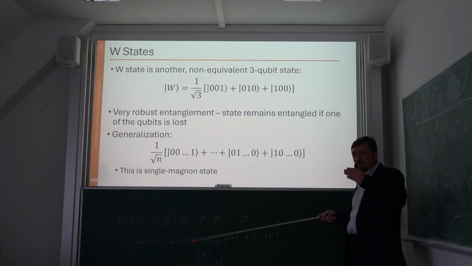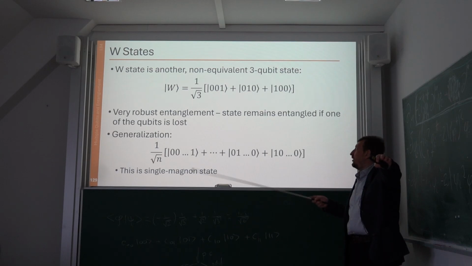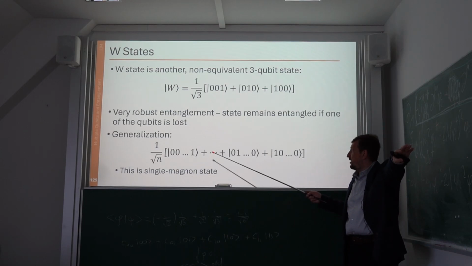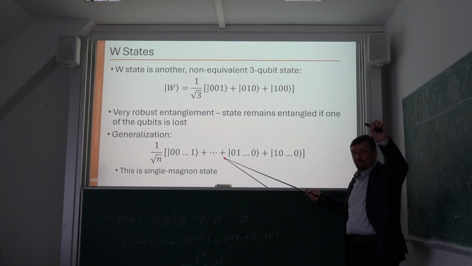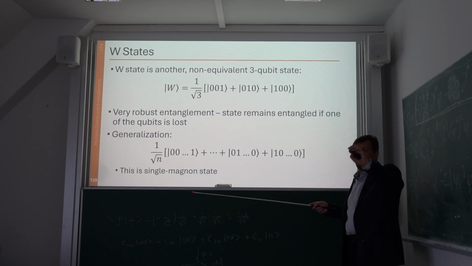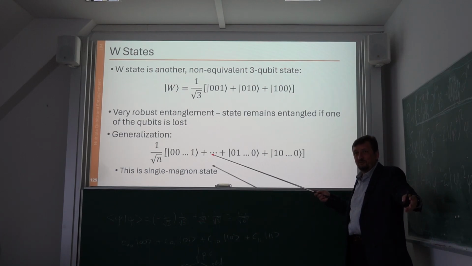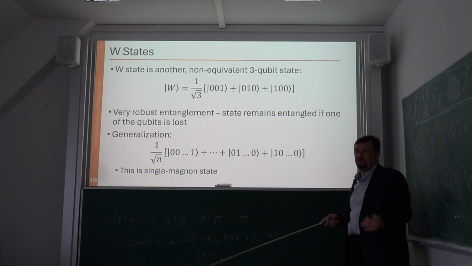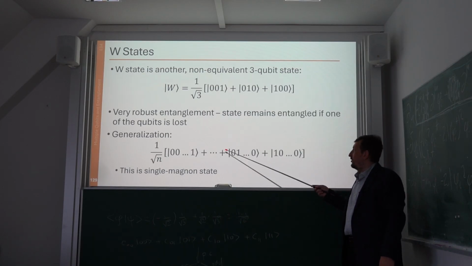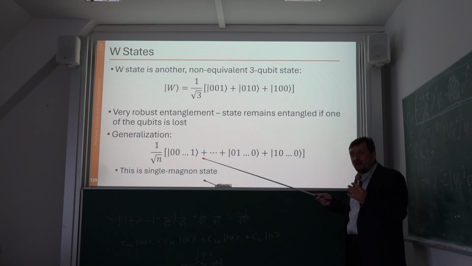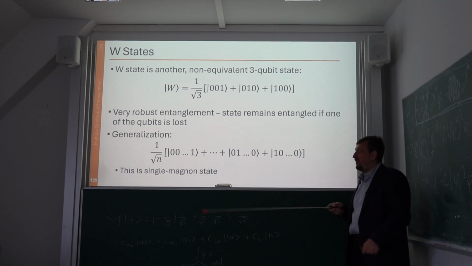We lose one qubit, and the state remains entangled. The same would hold here: we lose 1 spin in a magnon, but we still have a magnon. It would be very interesting to do some experiments to check whether there is a relation between the lifetime of magnons and the robustness of entanglement in W states with respect to qubit loss.